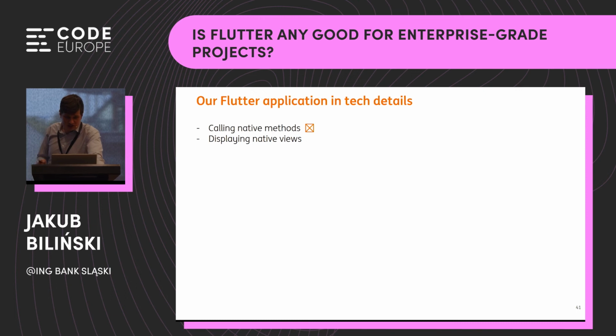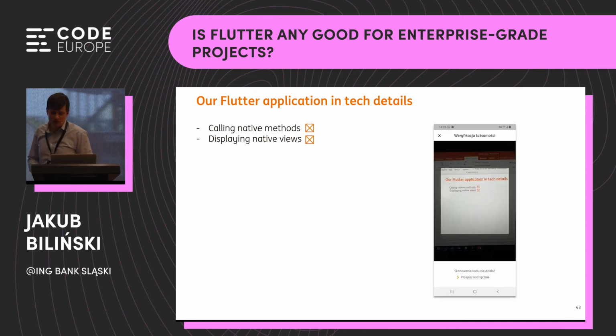And we are also displaying native views. For example, for our video verification, maybe this is not the best screen, but for the video verifications, a user can look at their phone, rotate the head, like with Face ID on the iOS, then scan their ID card, and then it's verified that this person is this person.